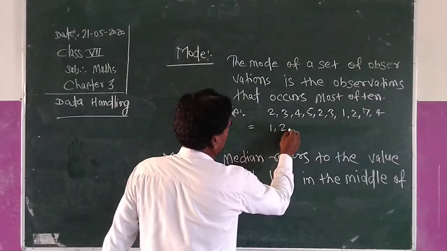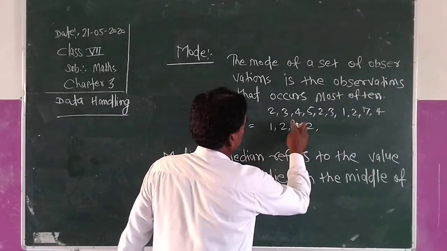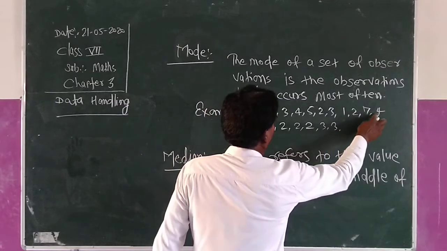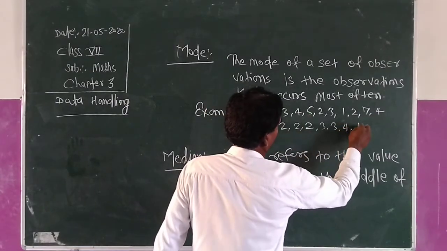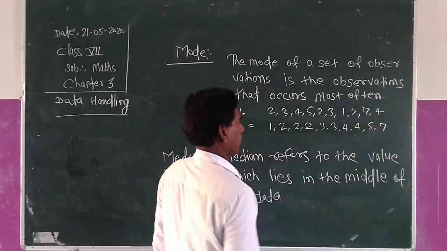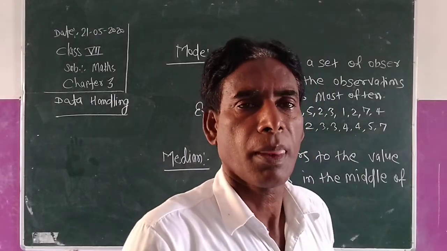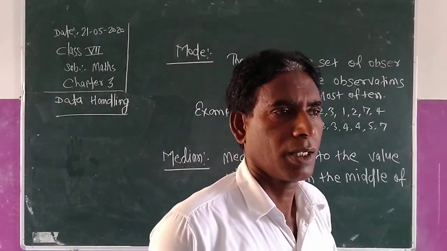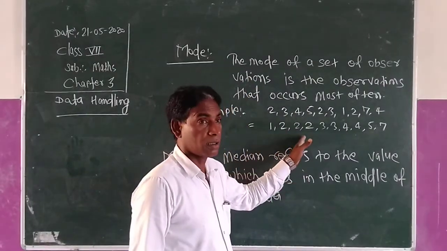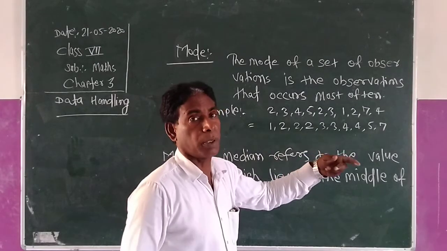1, 2, 2, 2, 3, 3, 4, 4, 5, 7. First you write the given observations in ascending or descending order. Then you find which number has come most often.